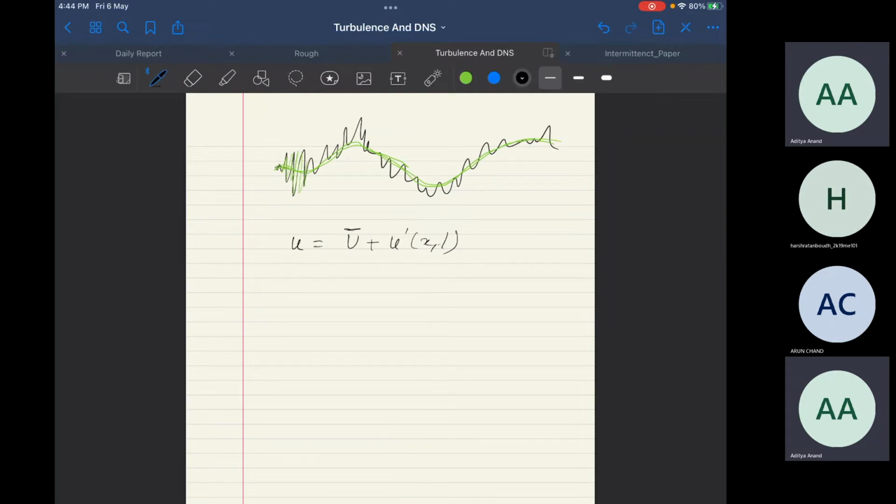When you write the equation for this average velocity, you'll get something like this: del ui by del t plus uj del ui by del xj plus, let's call this tau for now.